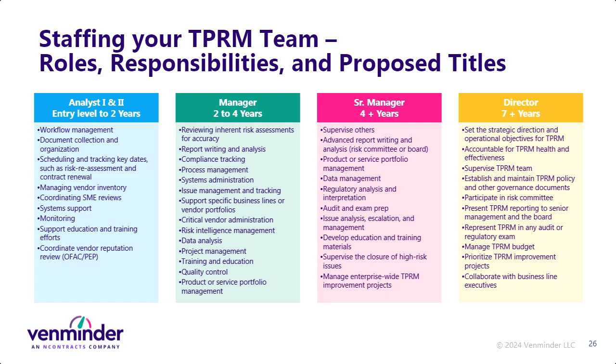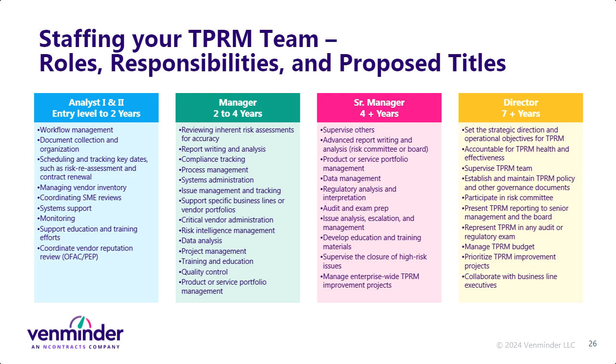Now, at the top of the team, or the person representing the program overall, we have a director or program manager, and these folks generally should have about 7+ years of experience, because they're really setting the strategic direction for third-party risk management, and they're accountable for the health and effectiveness of the program.